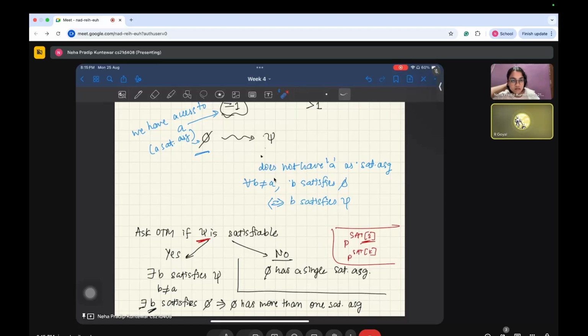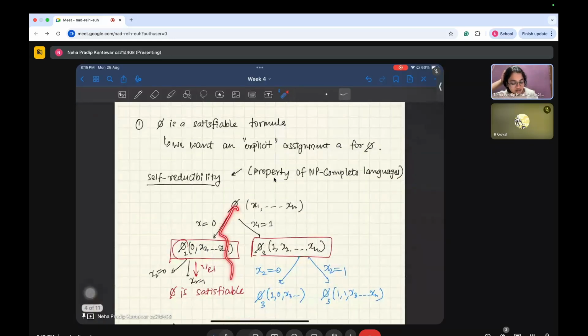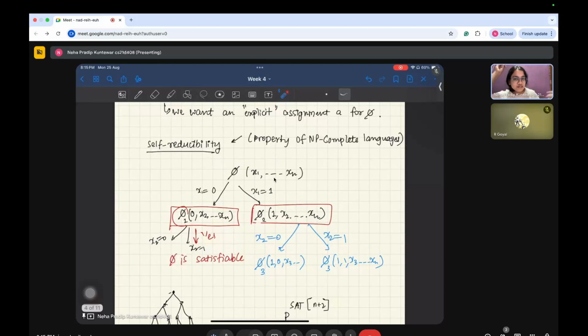So I'll have to ask the OTM multiple times to get all the satisfying assignments. Is this the case? Yeah, you will actually have to build the satisfying assignment, because notice that it only tells us whether it is satisfiable or not. What we had to do was ask it several times to construct that assignment.